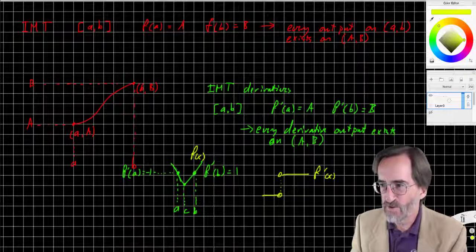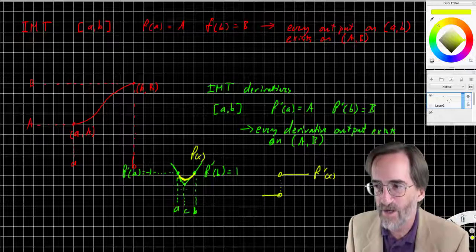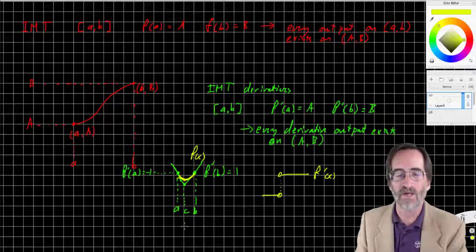To change this so that there is a derivative, we would need to smooth out the curve, and then every tangent between 1 and -1 would exist on the domain a to b.